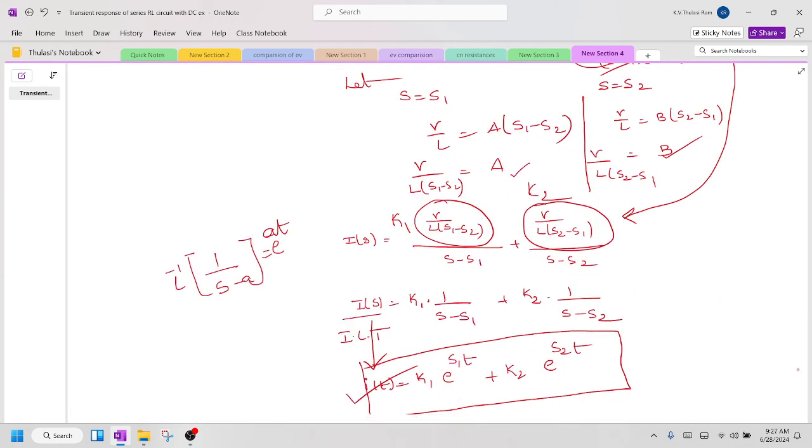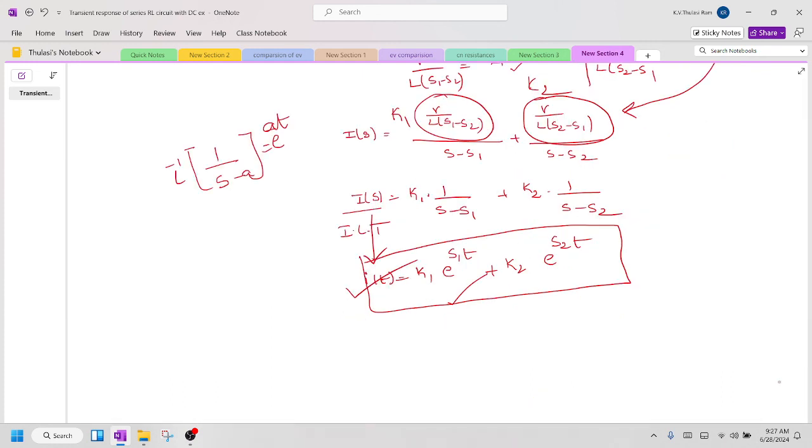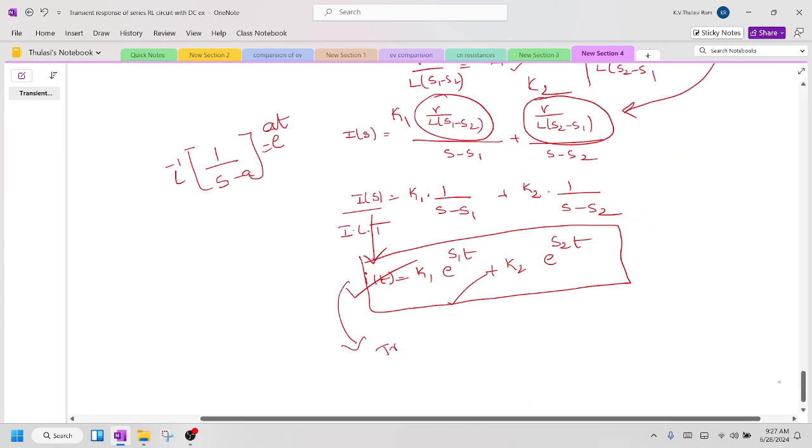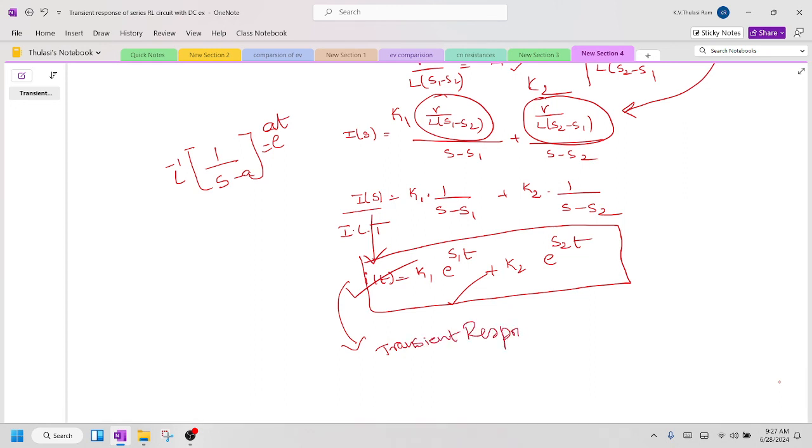We got K1 as V by L into S1 minus S2, and K2 as V by L into S2 minus S1. So this is the transient current, or the transient response of a series RLC circuit.